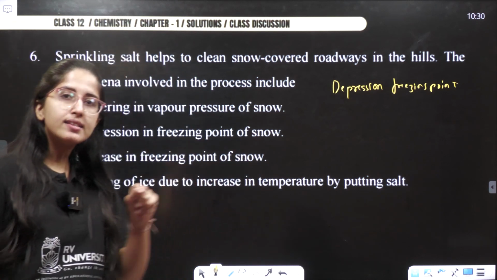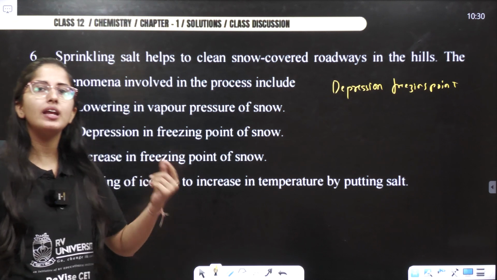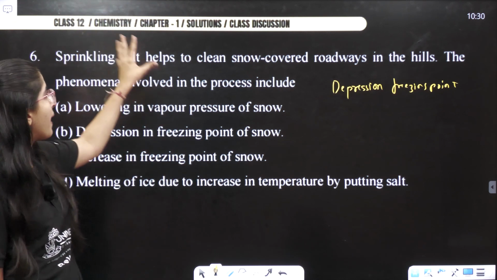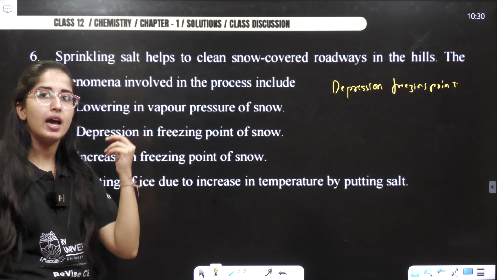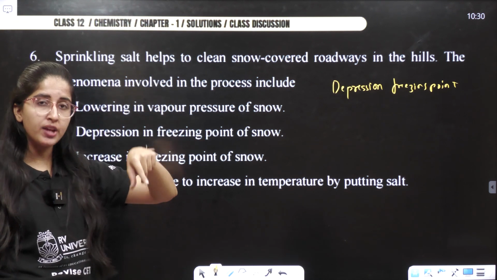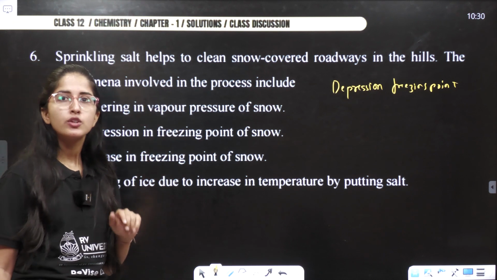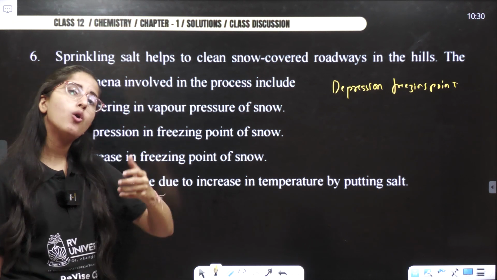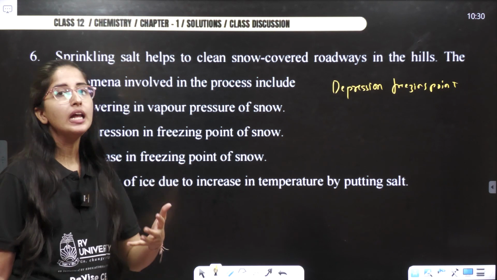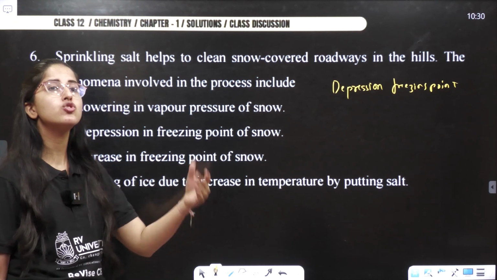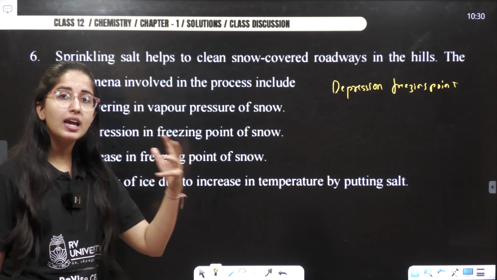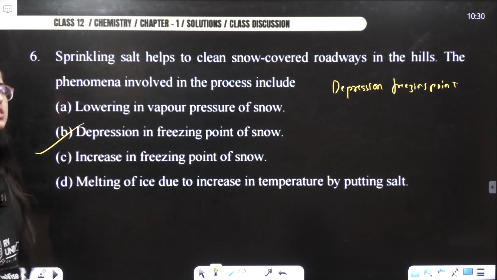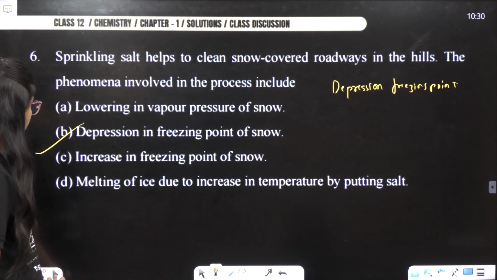When you sprinkle salt around it, which is a non-volatile solid, on top of that its i value is 2, so the depression in freezing point will be greater. So the freezing point will decrease to a greater extent, and therefore it will start to melt easily. So the correct option will be depression in freezing point of your snow.